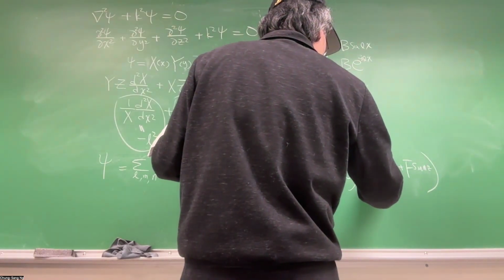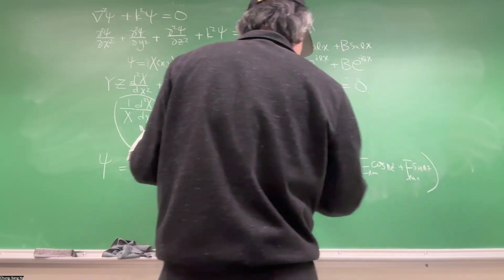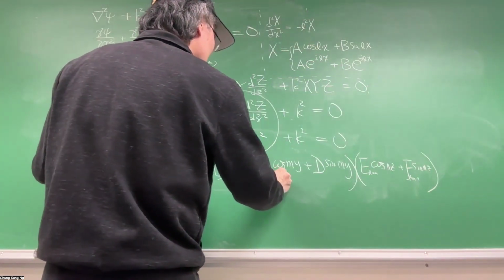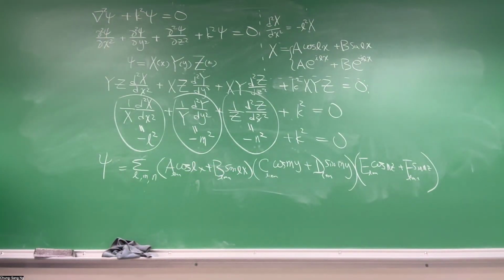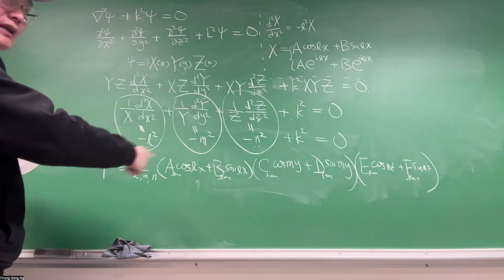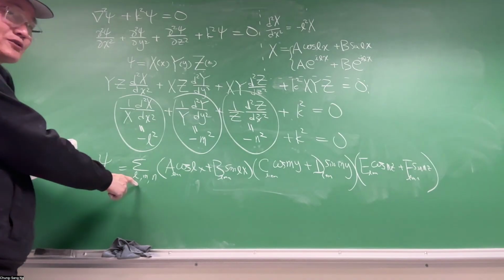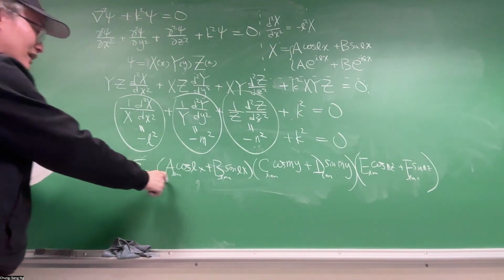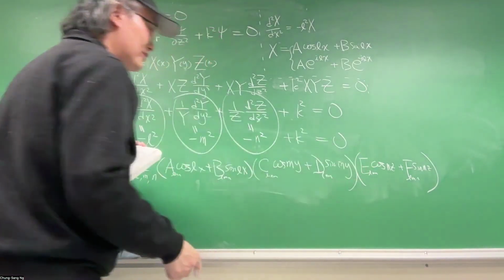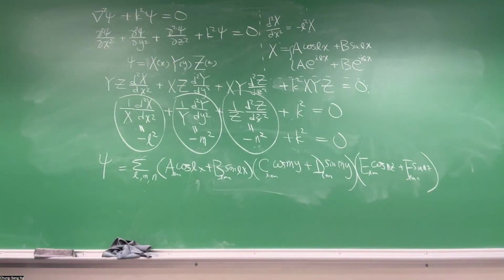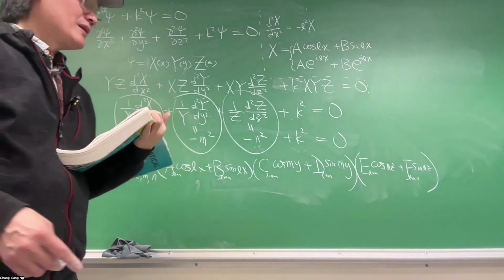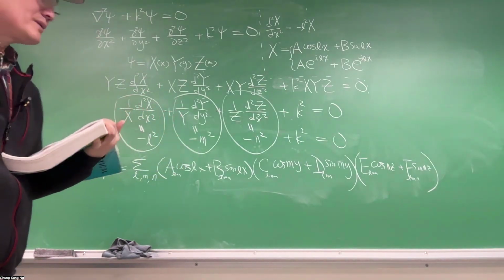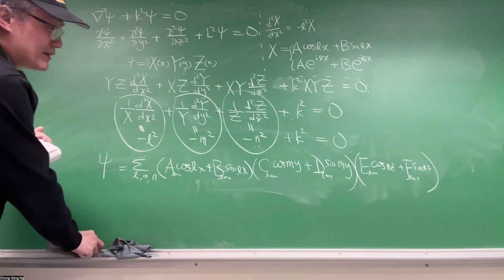Again, all the coefficients depend on your choice of L, m, n. Now that is your general solution, with all these unknown coefficients to be specified. They are to be chosen to satisfy the initial condition or boundary condition.